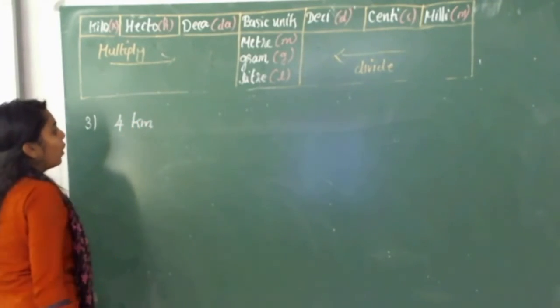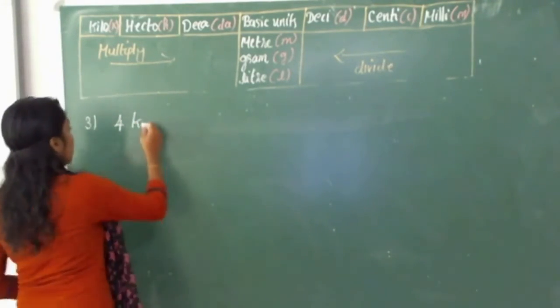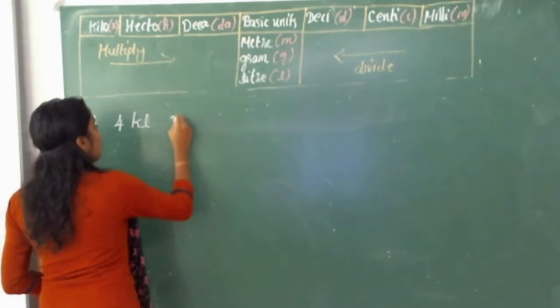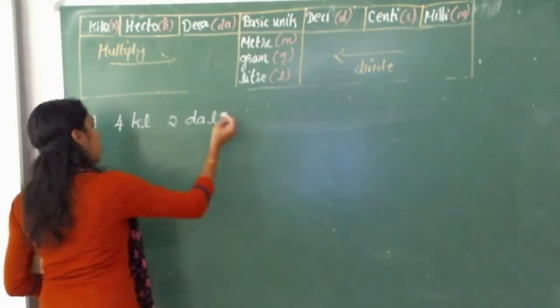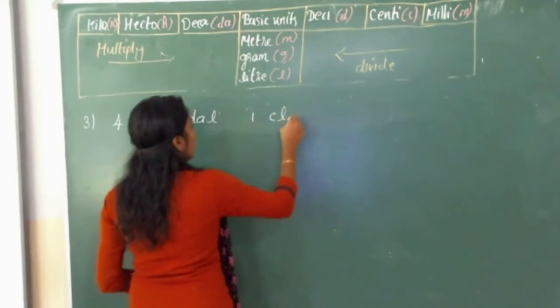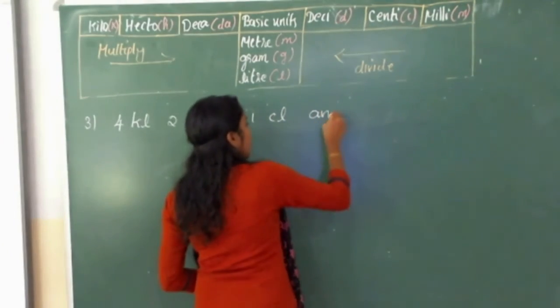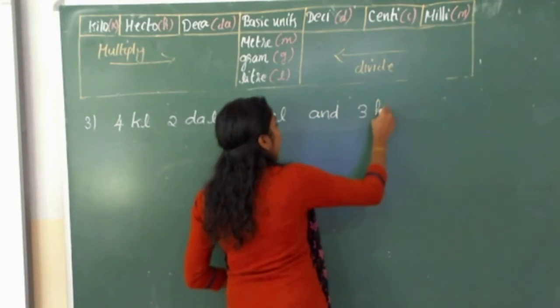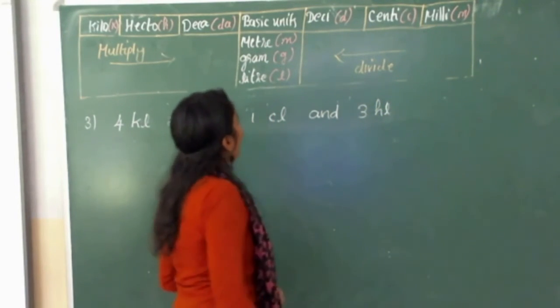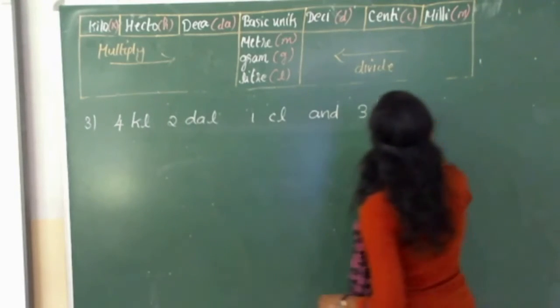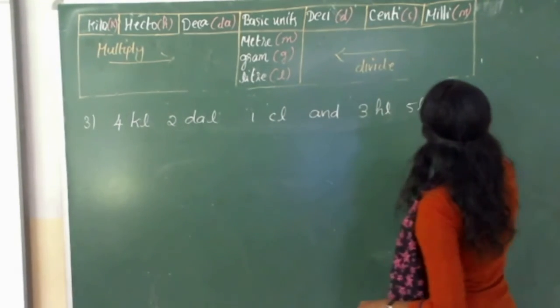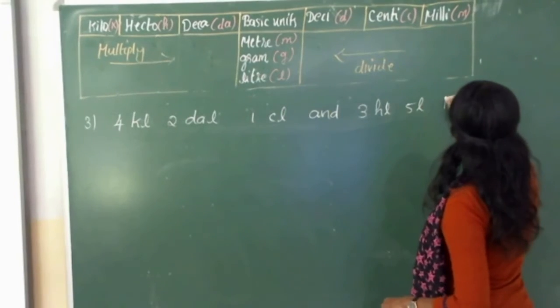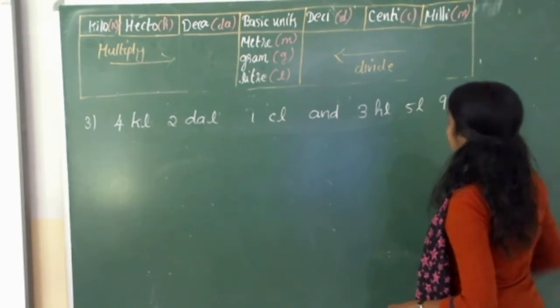4 kiloliter 2 decaliter 1 centiliter and 3 hectoliter 5 liter 9 centiliter. Sorry, it's 9 centiliter.